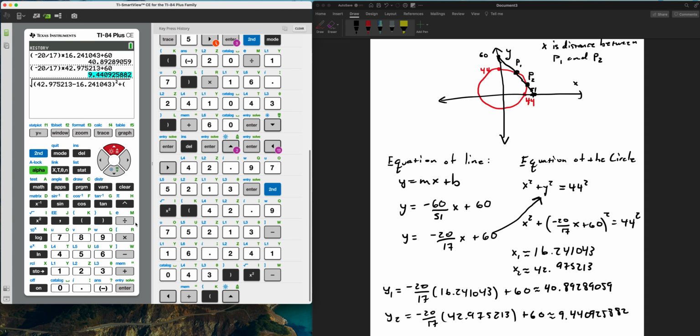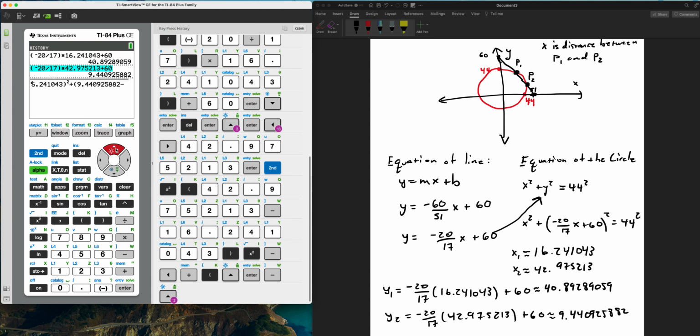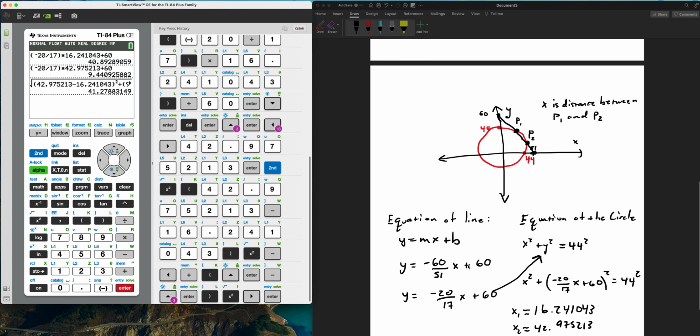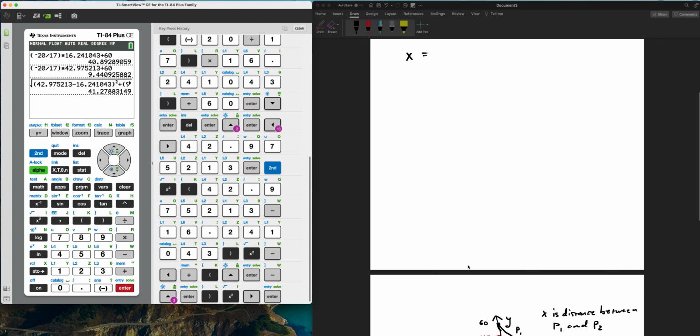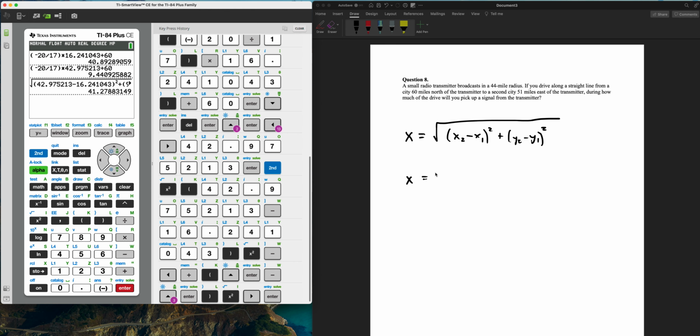Fortunately, we have y2 here, minus y1, it's here, quantity squared, and what do we get? We get that x, which is the distance from P1 to P2, is approximately 41.27883149 miles.